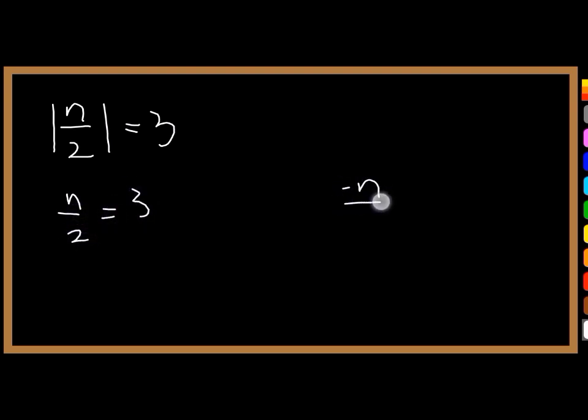Next, our equation is the absolute value of n over 2 is equal to 3. First, let's separate the absolute value of n over 2 into the positive and negative. So n over 2 is equal to 3 and negative n over 2 is equal to 3.